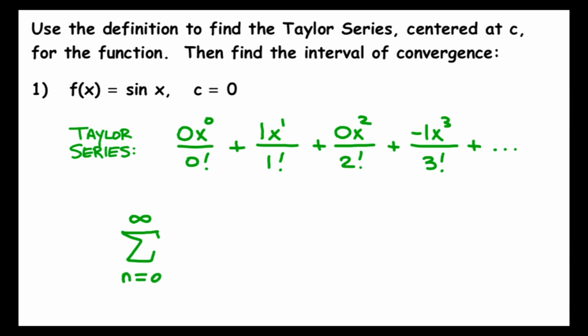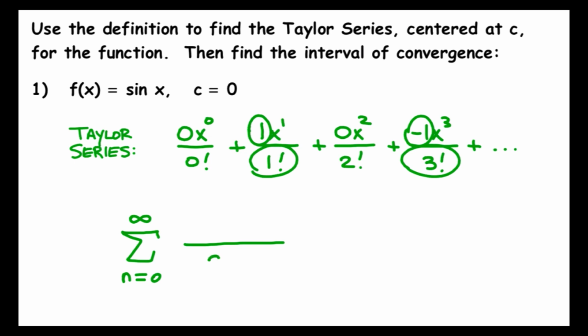And we can see that the signs are changing here. We have positive 1 and then negative 1. Obviously I'm not going to worry about the 0 terms, so we have to figure out a way to get those out of there. I do notice that in the denominator, we're going to have 1 factorial, 3 factorial, eventually 5 factorial, and so forth.